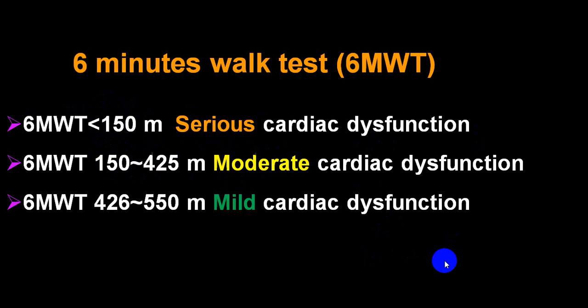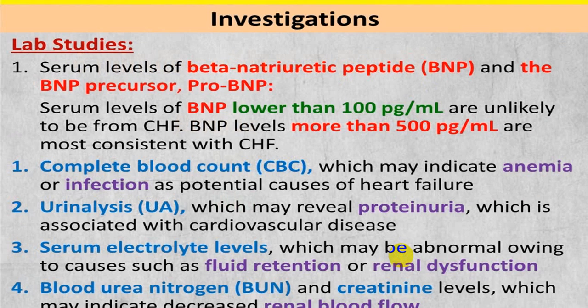A very simple way to identify, which does not require any investigative procedures. It is called the 6-minute walking test. So if a person is able to walk for 500 meters, it is mild. More than 150 but less than 500, we call it moderate. And less than 150 meters, the person gets symptomatic, it is serious cardiac dysfunction.